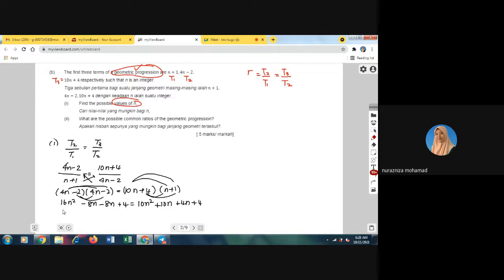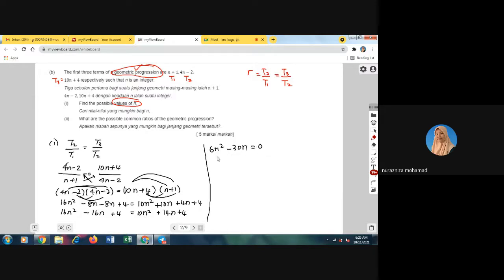So simplify. 16n squared minus 16n plus 4 equals 10n squared plus 14n plus 4. 16 minus 10, you get 6n squared. Negative 16n minus 14n is negative 30n. 4 minus 4 is equal to 0.